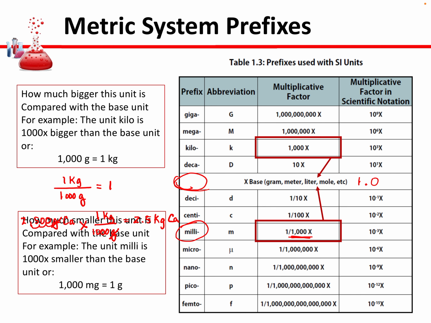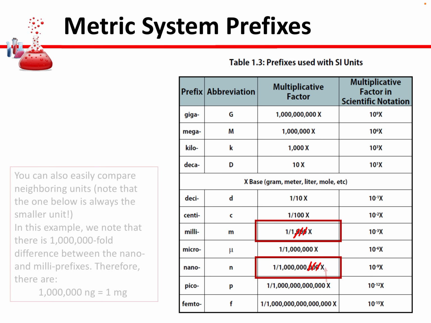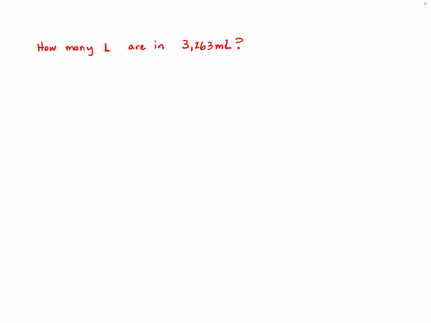That's our base unit. All right, so how many milliliters are there in 1 liter? 1,000. All right, so that's going to be your conversion factor.